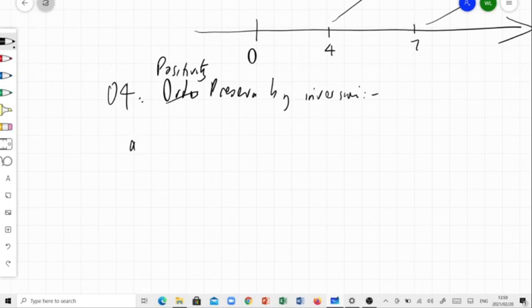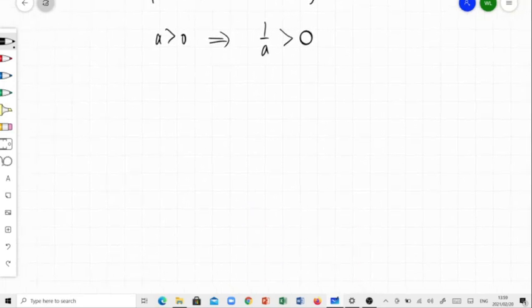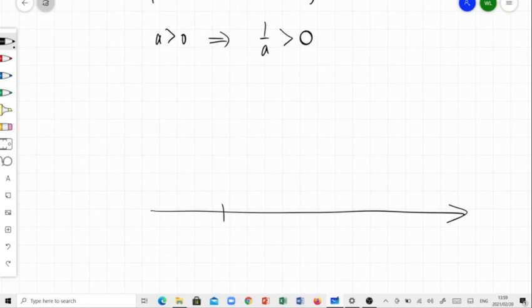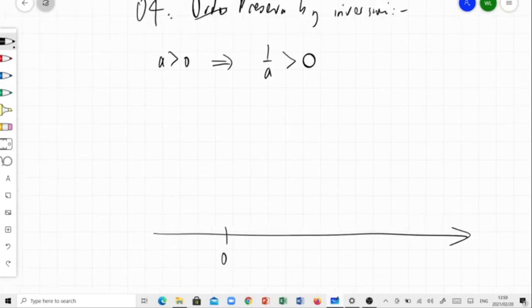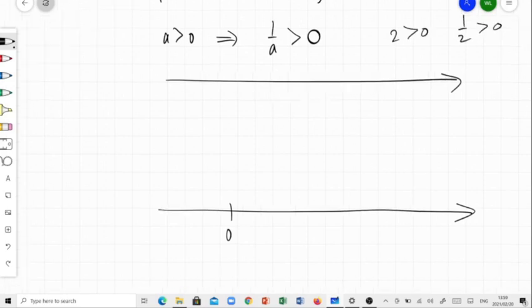So if I take a positive number, any number that lies to the right of the origin, and take its inverse, then its inverse will also be positive. In other words, all the action takes place on the right side of the real line. Let's breathe life into it. 2 is strictly positive, and therefore a half is strictly positive, okay?